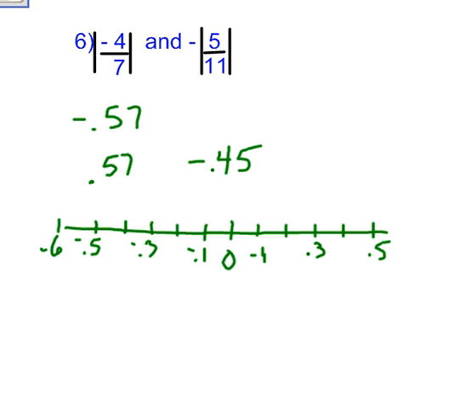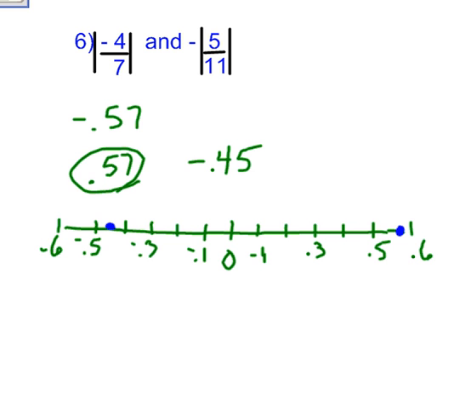So let's look at locating this one. I've got to go to 0.6. This is a positive 0.57, so that would be about somewhere right there. And then the other one is negative 0.45, so right here.